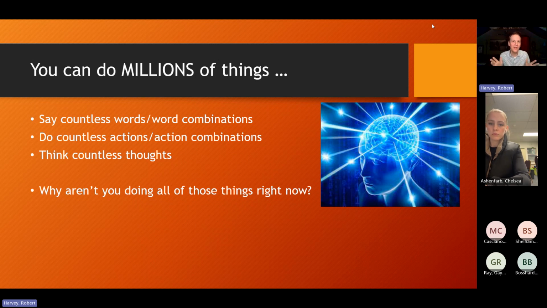It can't be infinite, I don't think, but it might be billions or trillions or even more things, right? So think about all the things that as an adult you're capable of doing. You can say countless words, right? Like hundreds of thousands of words, and you can put them in any combination, right? You can say all these thousands of words, but you can flip the order.